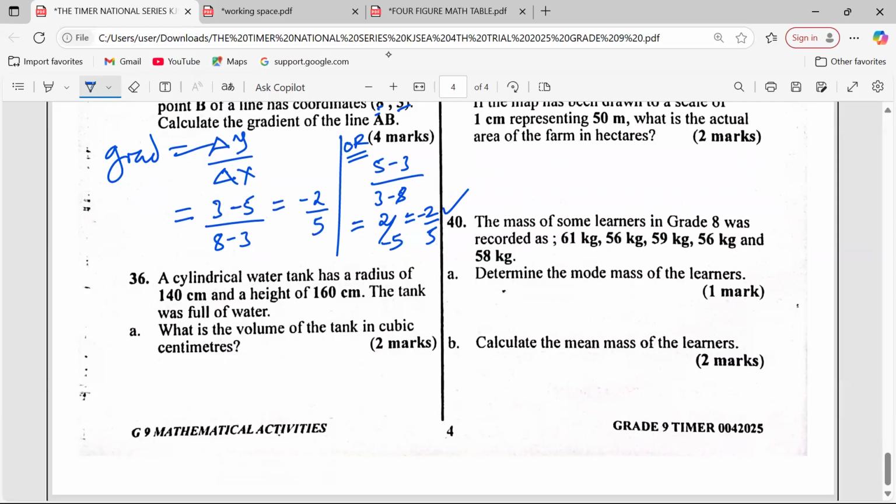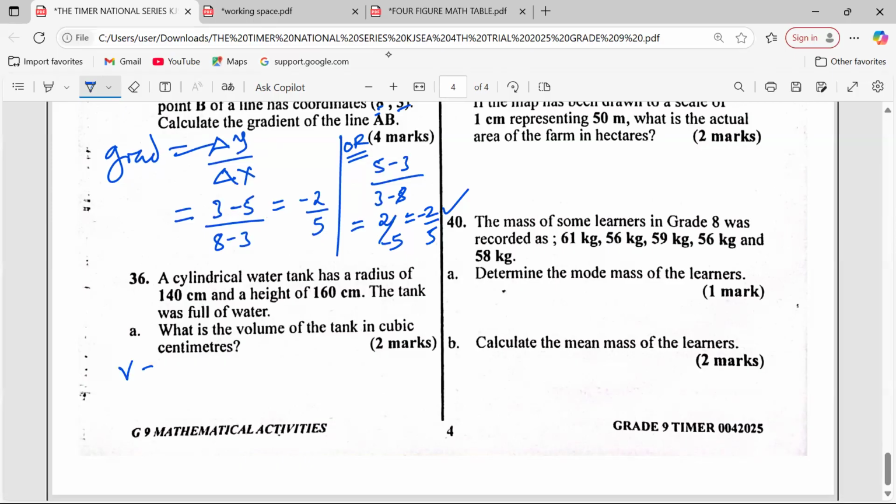A cylindrical water tank has a radius of 140 and a height of 160 centimeters. The tank was full of water. What is the volume of the tank in cubic centimeters? Again, volume of a prism should be cross-section area times height.